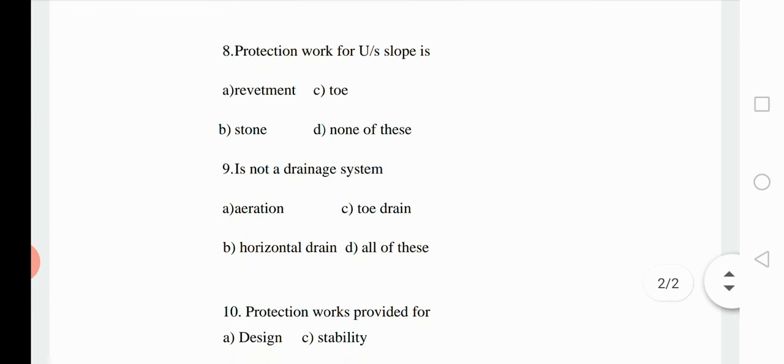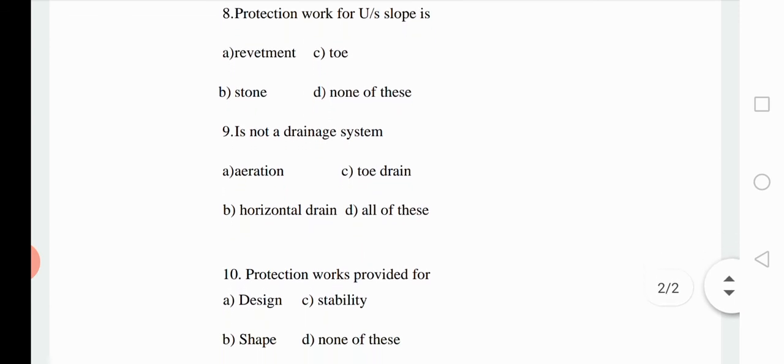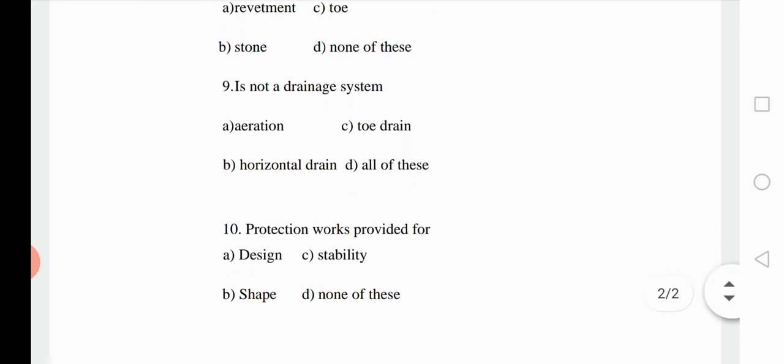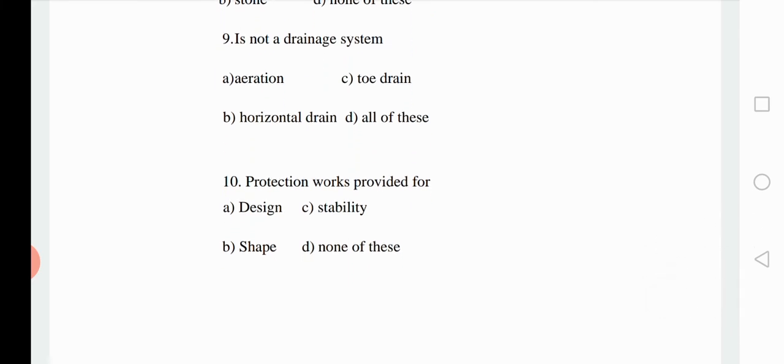The ninth one: which is not a drainage system? Options are aeration, horizontal drain, toe drain, all of these. Aeration is not a drainage system. The answer is aeration.